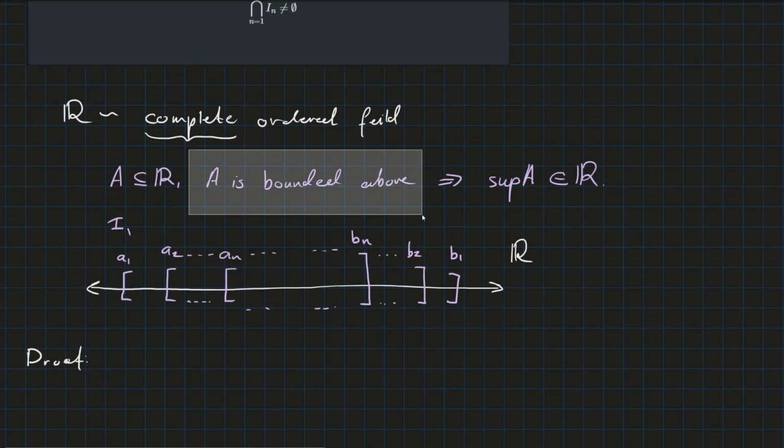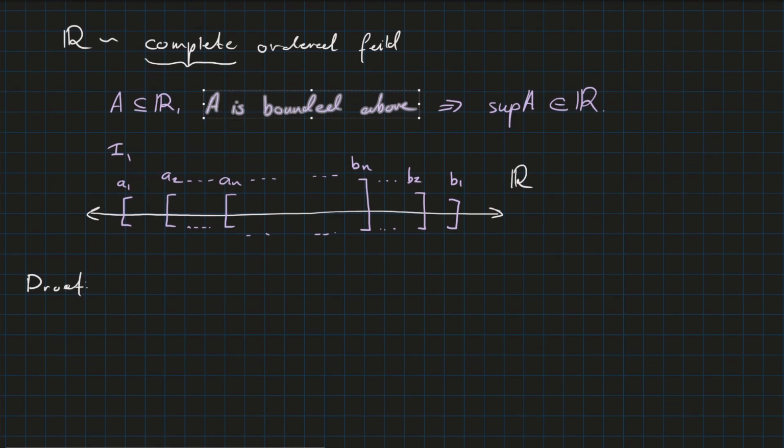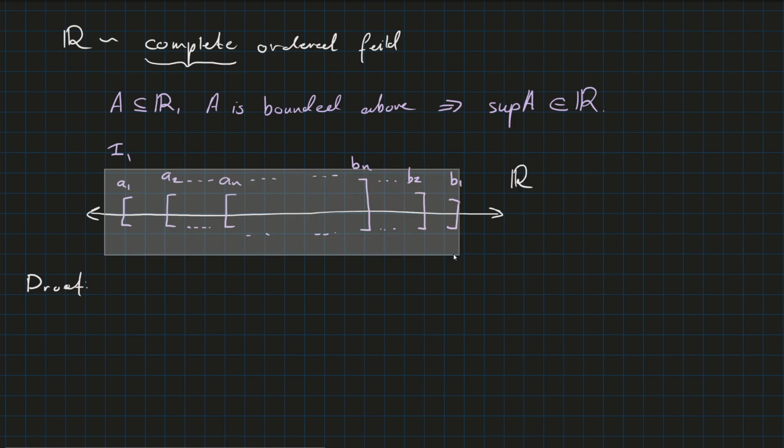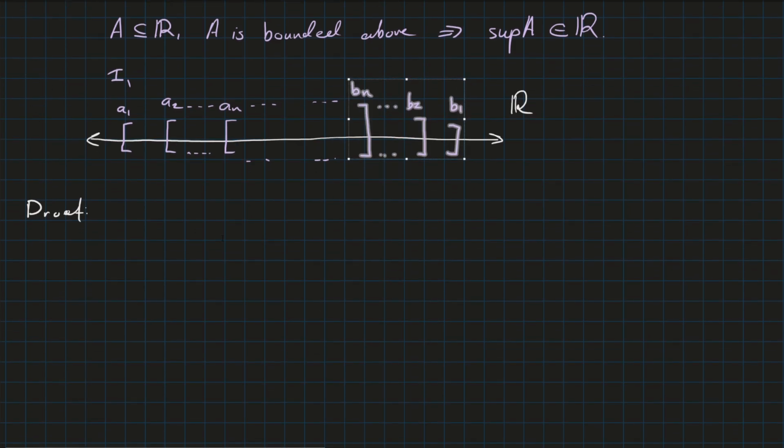So we've got to pick some A. What's our A? That's our set that's bounded above. Well, one way to think about it is that the set of all lower bounds of all these intervals is a subset of R and is bounded above by all of the upper bounds of all these intervals. So we're going to work with that.